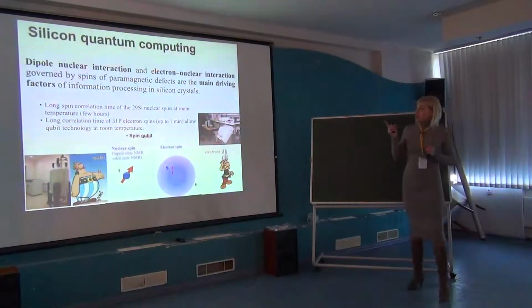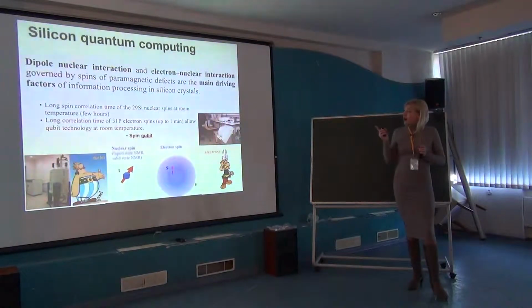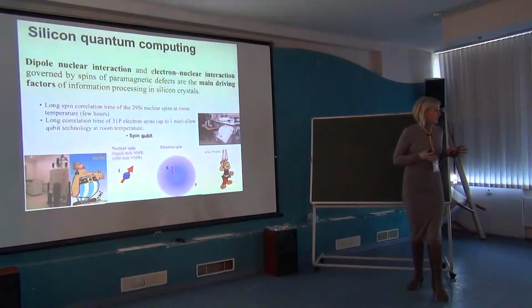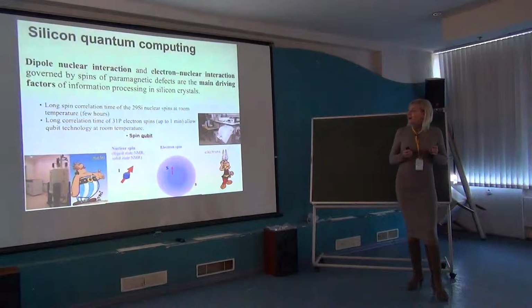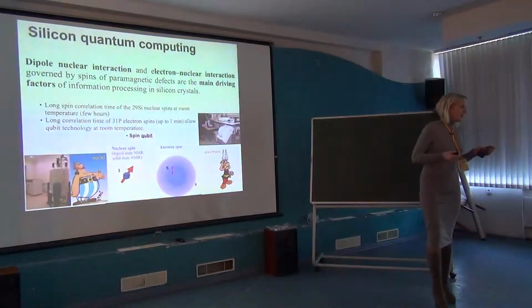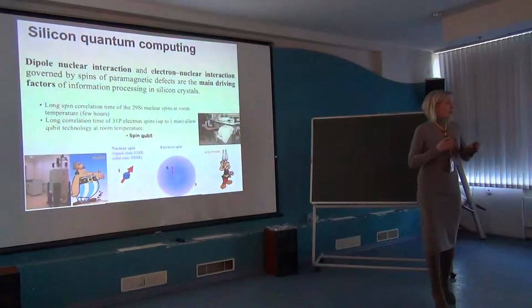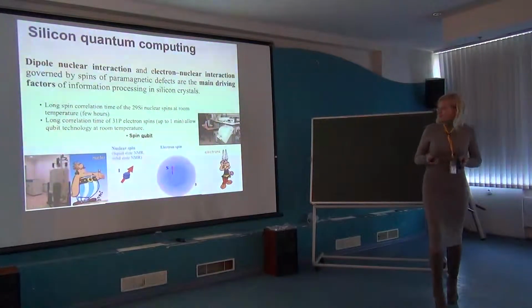And the correlation time in these crystals is up to a few hours at room temperature. Electron spin, for example of an atom of phosphorus-31, has a long correlation time up to 1 minute. It's so high for a million operations with qubits.